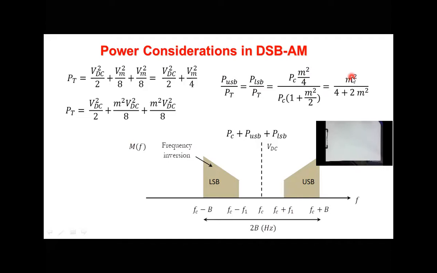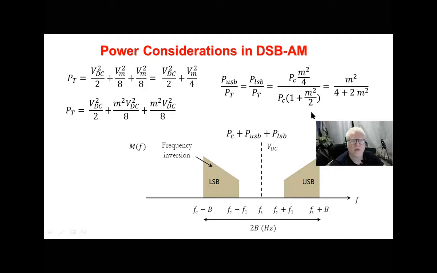In order to make m equal 0, that means that either the message equals 0, which is impossible, so you don't have a message, or the VDC tends to infinity, which is again impossible. So m will not be equal to 0, so you can start with a smaller value of m, for example 0.1, 0.2, and then you can reach m equal 1, and then you can go for higher m, which is what's called overmodulation, and so on. This is actually very important to understand these modulation concepts more.